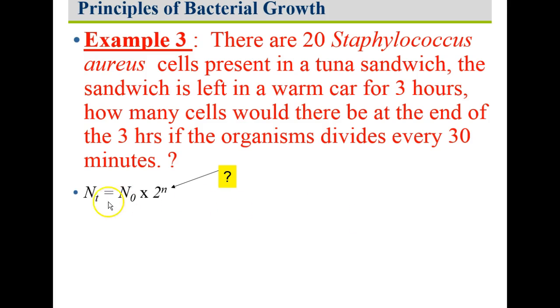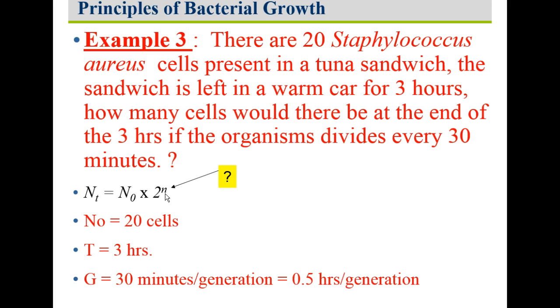In order to calculate the final number of cells after the 3-hour incubation, we need to use this formula. We have the original number of cells, the initial number of cells. However, we do not have the number of generations. We could calculate the number of generations by using the generation time formula.